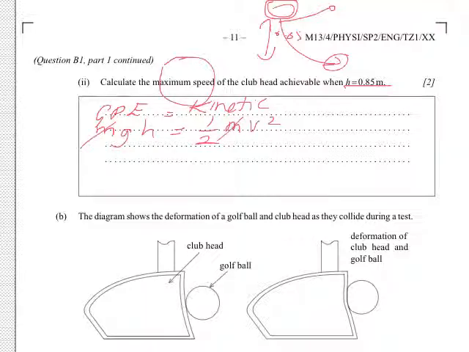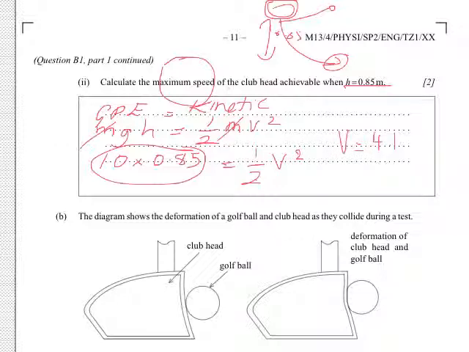Mass is on both sides. So 10 times 0.85 equals a half v squared. If we rearrange, we end up with 8.5 times 2. Then we square root it and we end up with v equals 4.1 m s^-1.